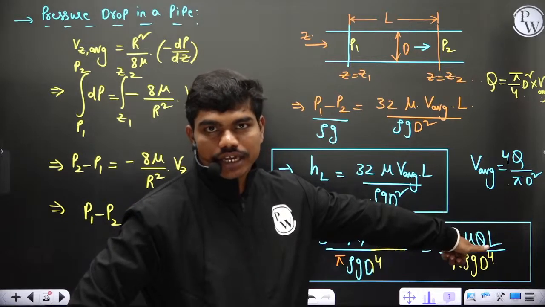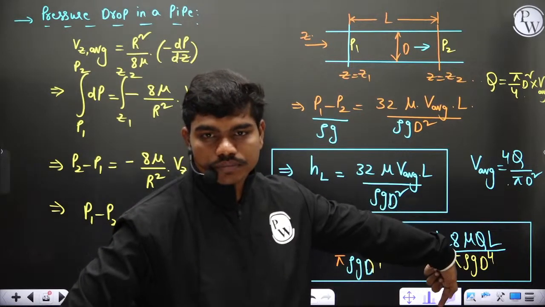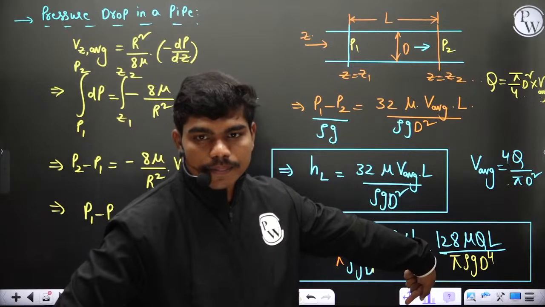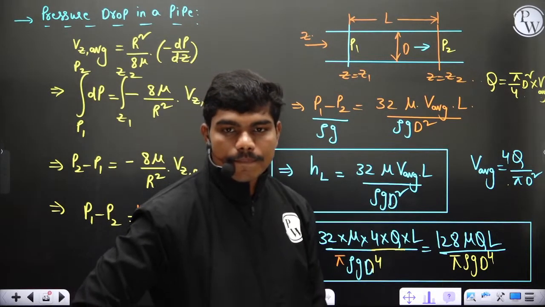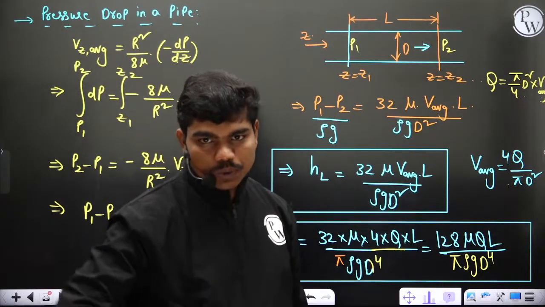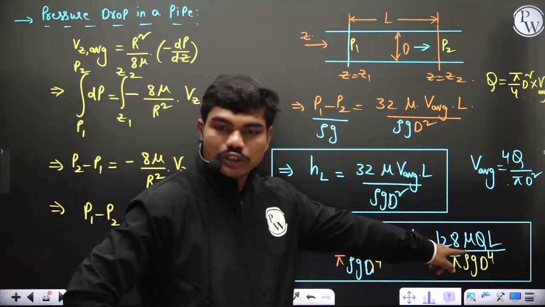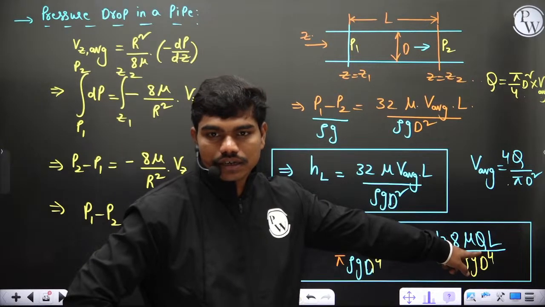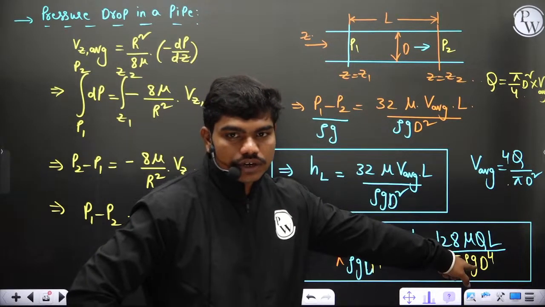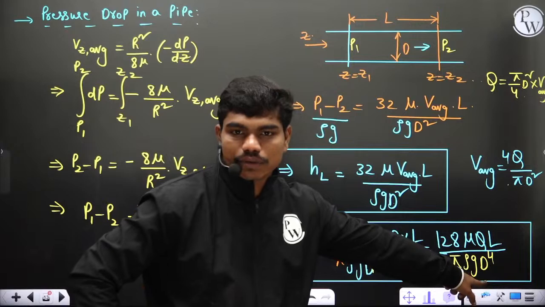Achha, if you adjust a Q, is what you are telling on the top and bottom? No, I didn't get you. V average will be in square. But here in terms of discharge, you have only one Q, correct? You want me to adjust a Q on the top and bottom? Is that what you want?